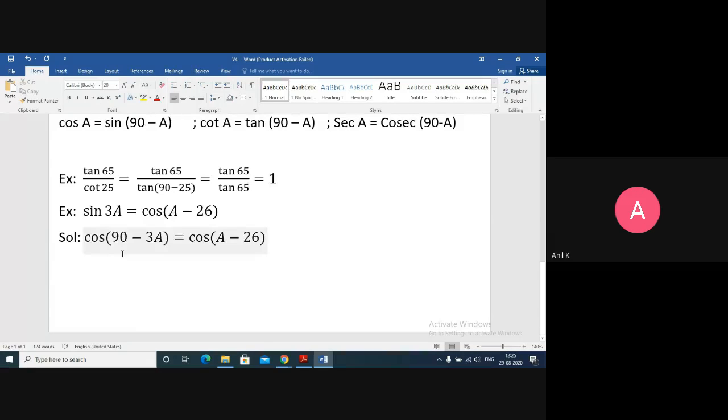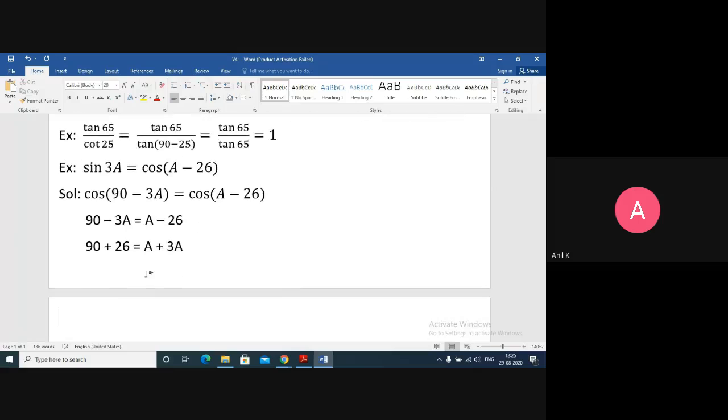Now both the sides we have cos and here also cos. Then the corresponding angles must be equal. Then I'll get 90 minus 3a equals a minus 26. Now you can simplify. It will come as 90 plus 26 equals a plus 3a.